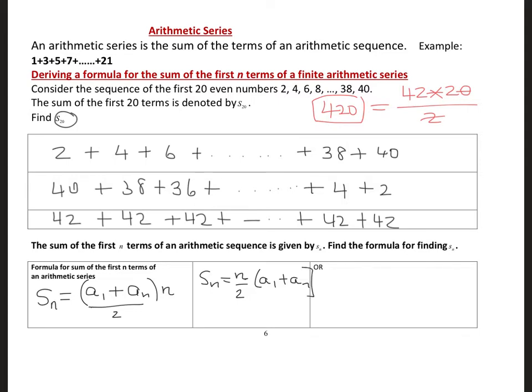Since I know that, how else can I write this formula? I know that the nth term is given by the first term plus n minus 1 times d.